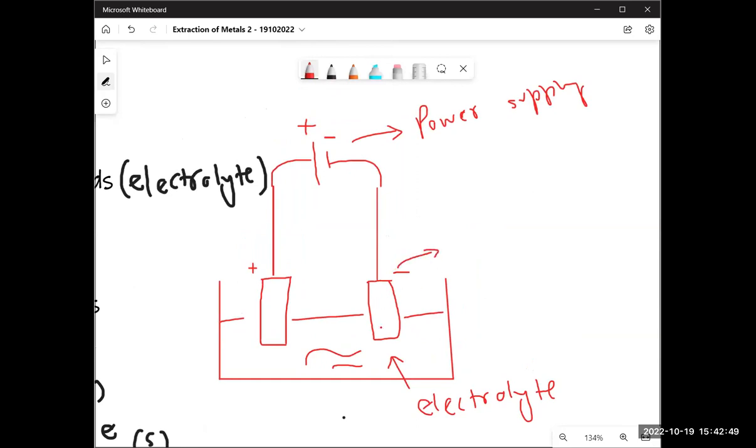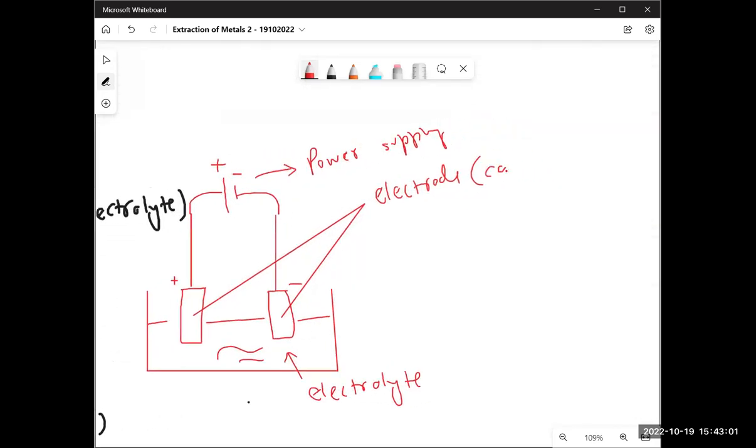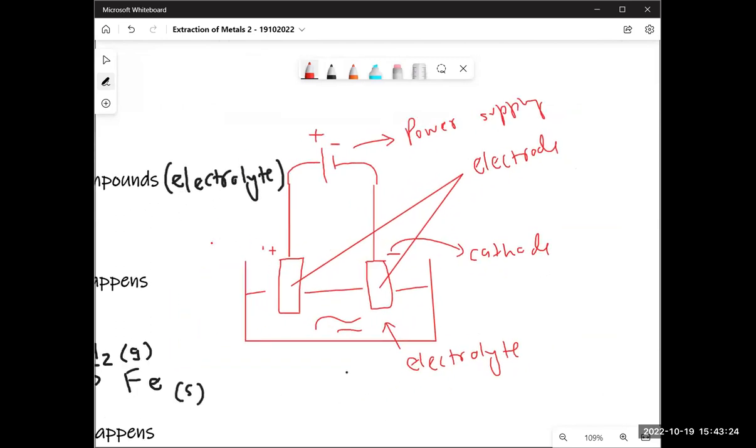These are electrodes, and in front of electrode write carbon, comma, platinum. Or don't write that. Let's just let it be as a lecture. And that's it. This right here is cathode, the negative one, and the positive one is anode.